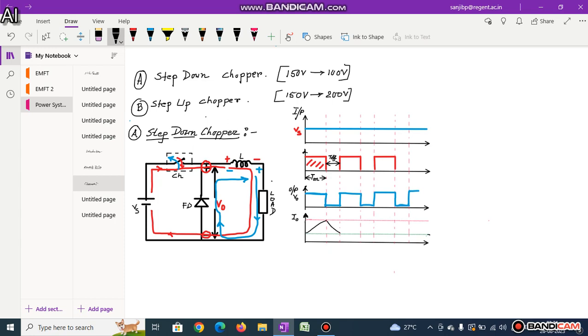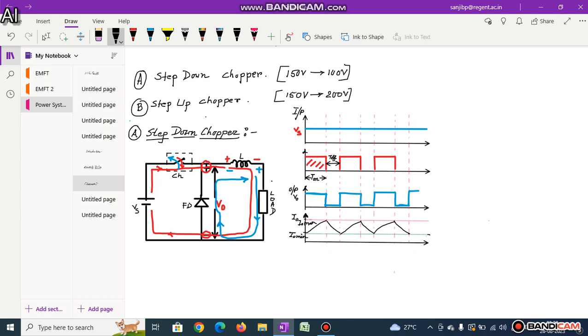So in the T on period the current is increasing, and in the T off period the current is decreasing. This is the way of presentation of the output current. The limits of this value are I0 min, which I will discuss in another lecture, and I0 max. So this is the path of current.